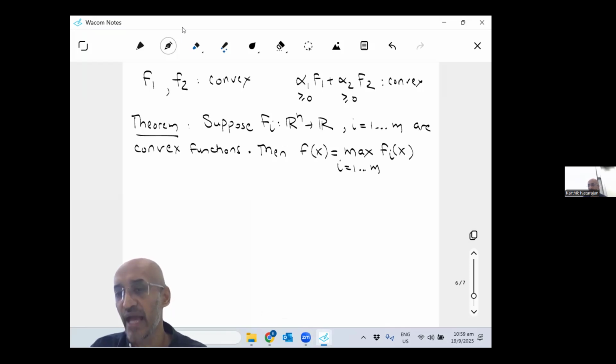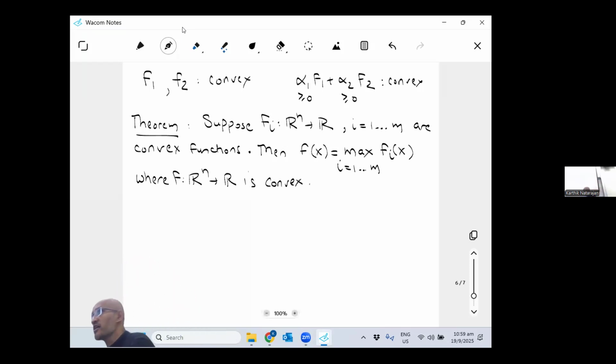You take a point x, check the function value fi of x for each i, and take the maximum of them. Then f of x, which again goes from Rn to R, is also convex.